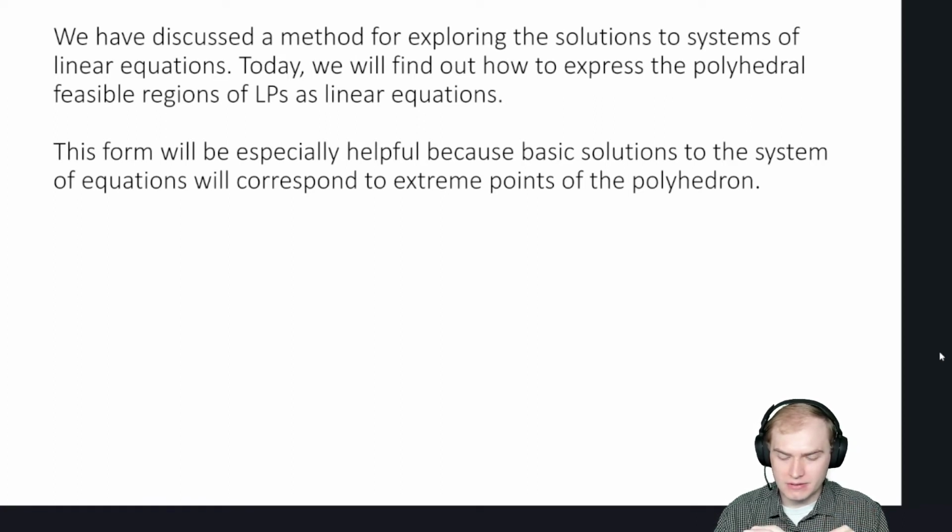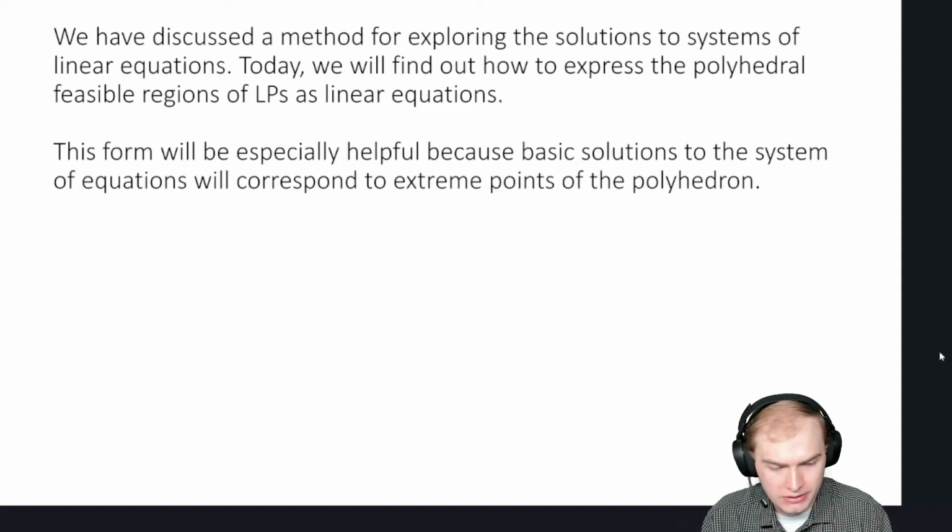This is especially useful because basic solutions to our standard equality form will correspond to extreme points of our polyhedral feasible region, or at least potential extreme points. I'll make that clear when we get there.